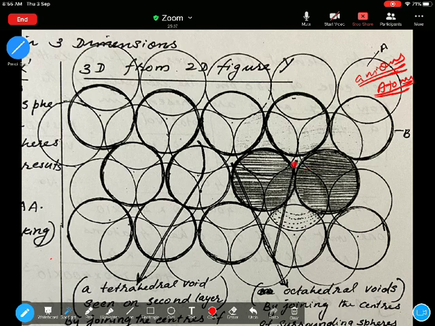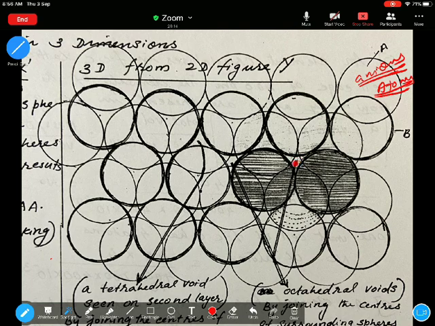Between them there is a void, a gap, an interstice. This interstice is made by 6 balls. Consider the centers of these 6 balls. When you join the centers of these 6 balls, you will get an octahedron. So we call this void, this gap, an octahedral void.